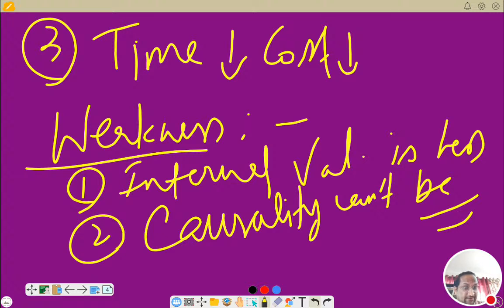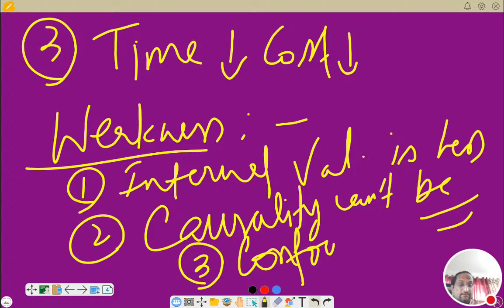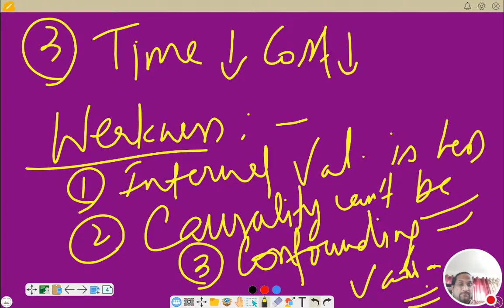And because of that, once EV control is not possible, an IV-DV objective cause and effect relationship is not possible, and there are certain other things like confounding variables. Confounding variables are many of the variables which may affect the result, but we had no control over them. They are largely hidden. They may also affect the IV-DV relationship, can also chip in, making our result very, very inaccurate.